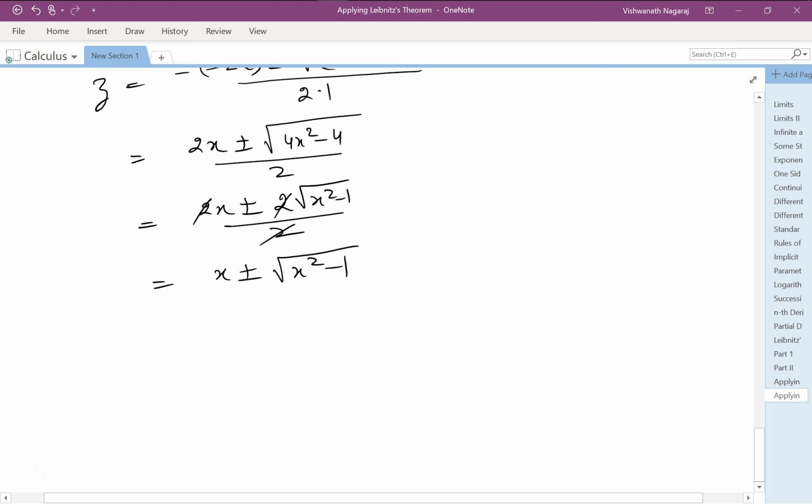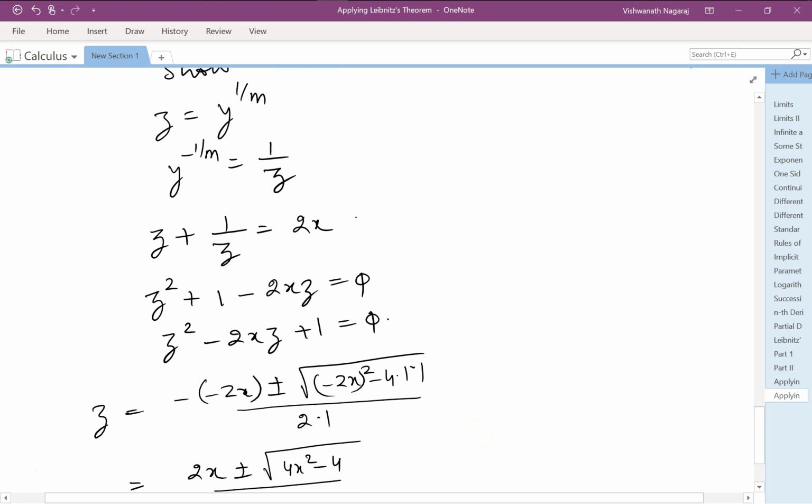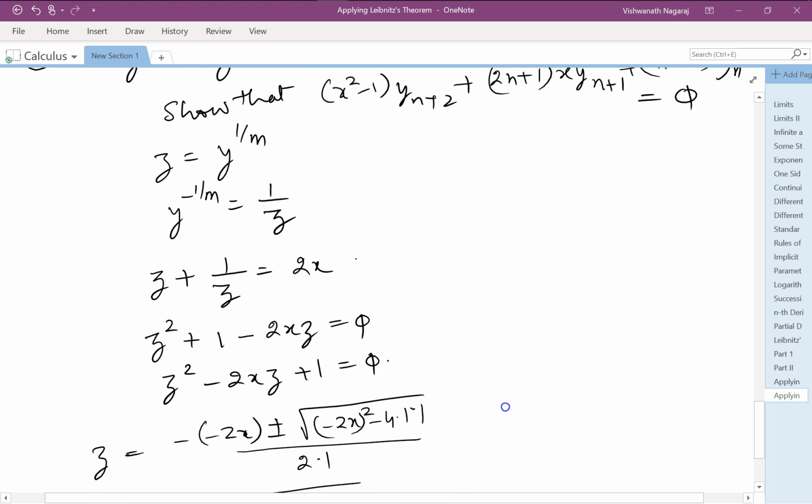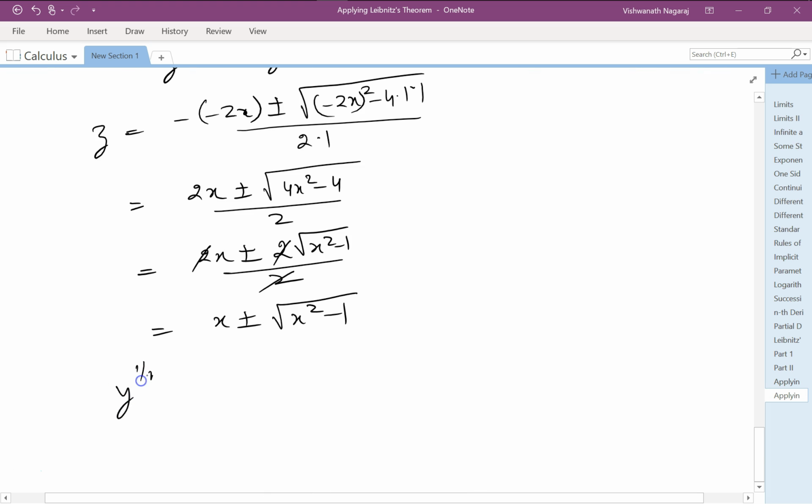Now let's take the positive sign. And remember, our y to the power of 1 by m is equal to z, which is x plus square root of x square minus 1. Let's take the positive.